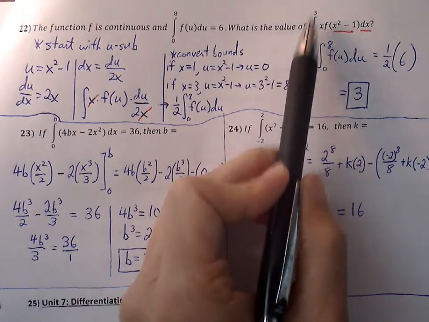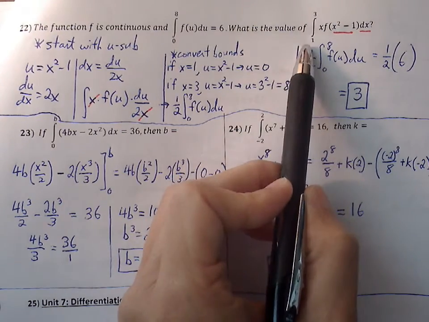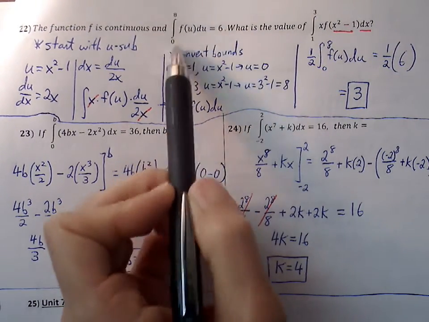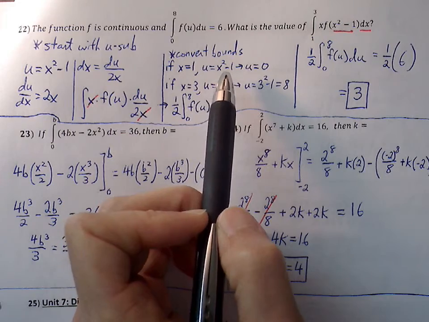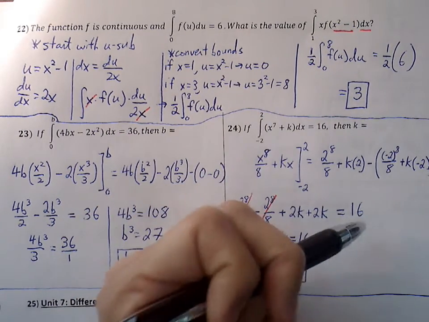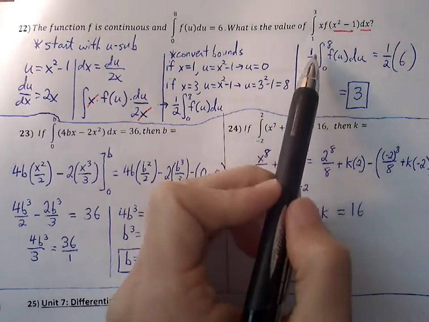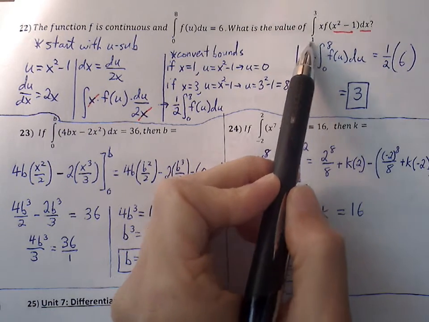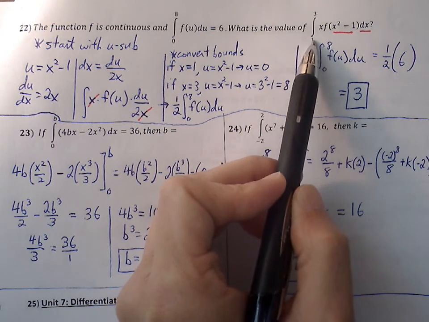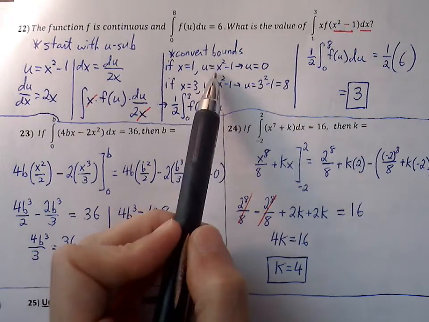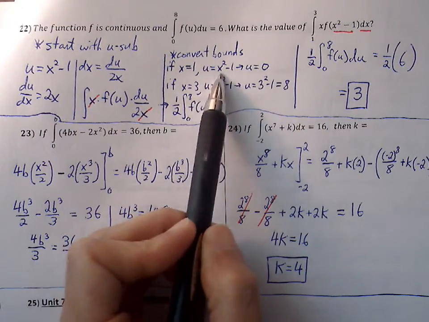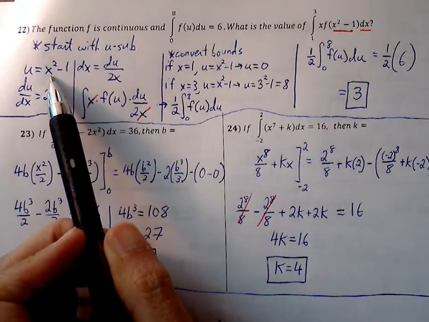But let's convert the bounds also to be in terms of u, so we can make sure that we're adjusting for each of the parts that need to be adjusted. So if I want to convert the bounds, this is my x value. I'm going to push it into this formula that connects u and x together, which is u equals x squared minus 1.